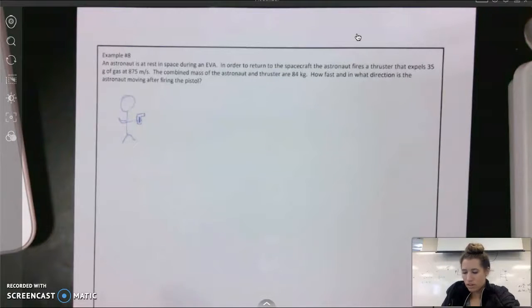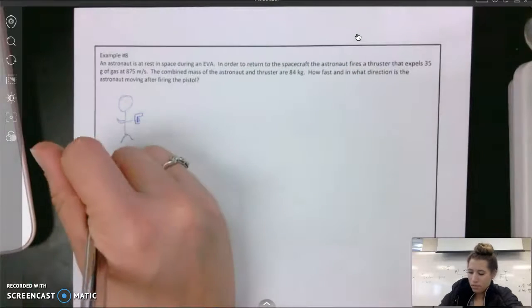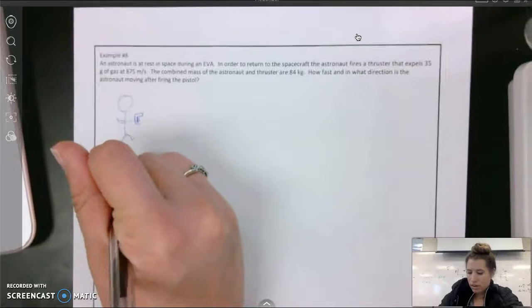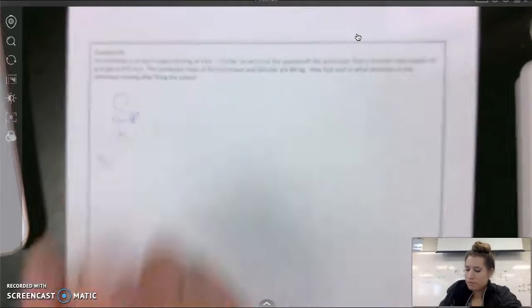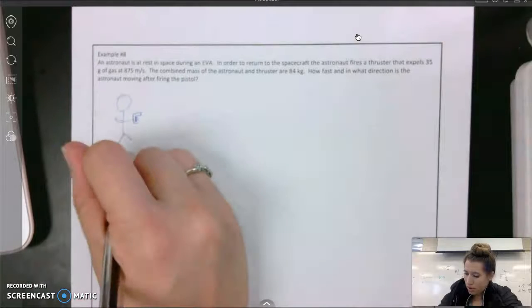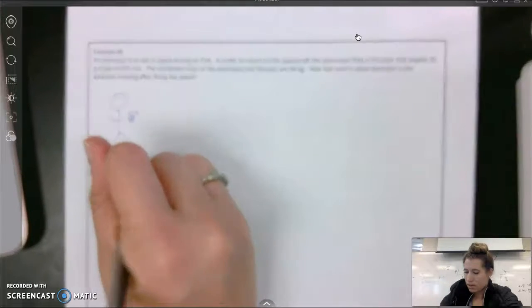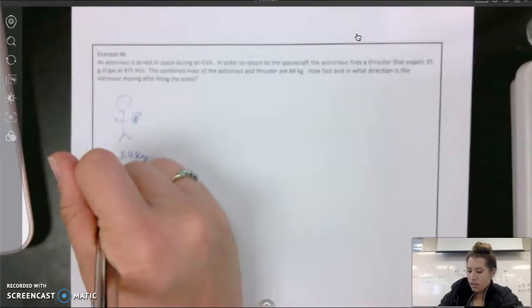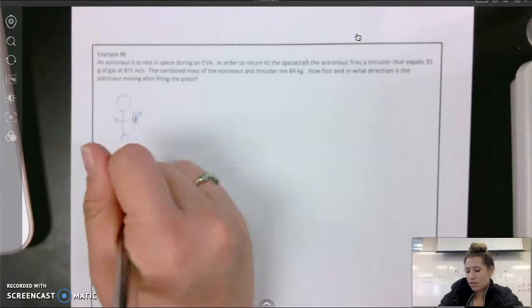So this is the initial, everything's at rest. So mass of this combined initial object is going to be 84 kilograms, and then the velocity initial of this object is 0.